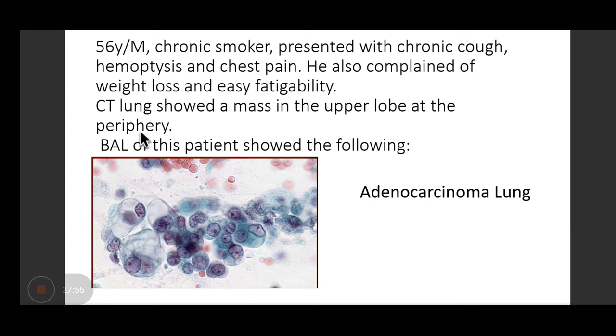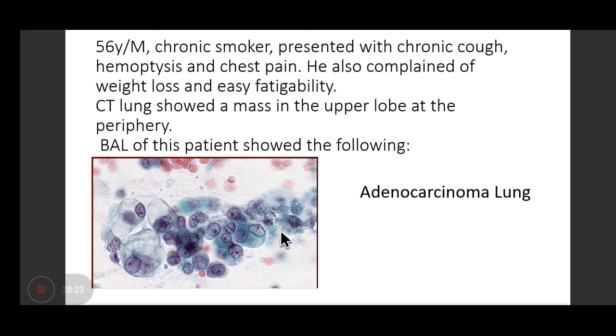They are filled with mucin, so the nuclei are pushed peripherally. All right, so these signet ring cells are present in mucinous adenocarcinomas. So these signet ring cells will point towards adenocarcinoma, and what else? These cells make a 3D ball type of cluster. So this cluster is that of a 3D cluster.